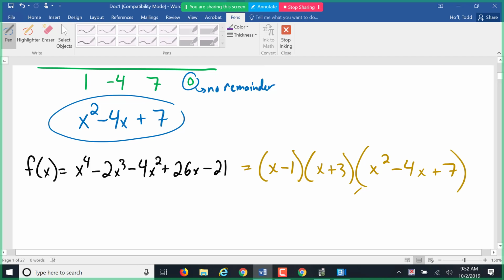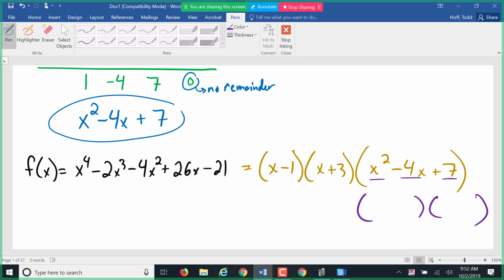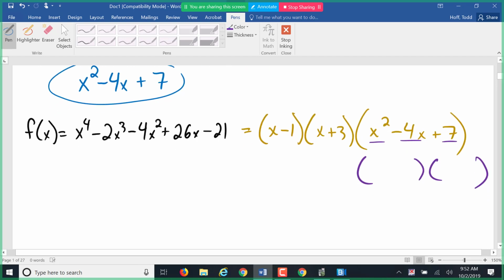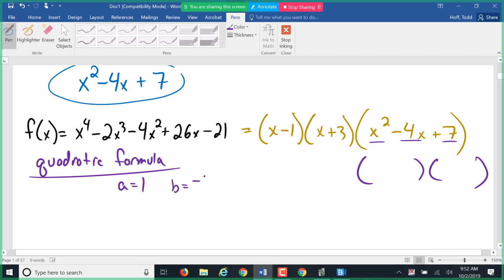To find my remaining roots, I just have to factor this x squared minus 4x plus 7. Now I can try to factor it, but it's not going to work if I try to use the reverse multiplication. So we're going to go to our quadratic formula, where A is 1, B is negative 4, and C is 7.